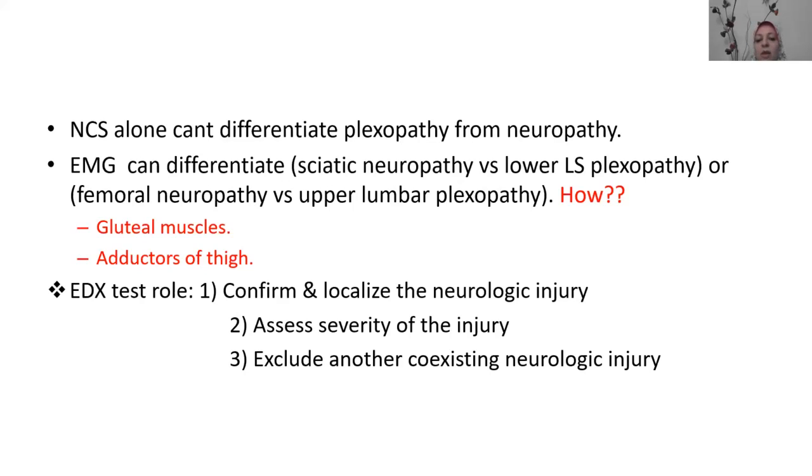So it's often difficult to localize the site of lesion. But the role of electrophysiological testing is to confirm and localize the level of lesion, assess the severity of the injury, and exclude other coexisting neurologic injury.